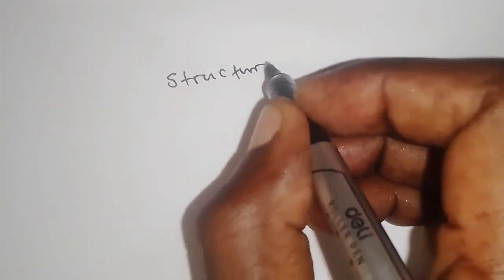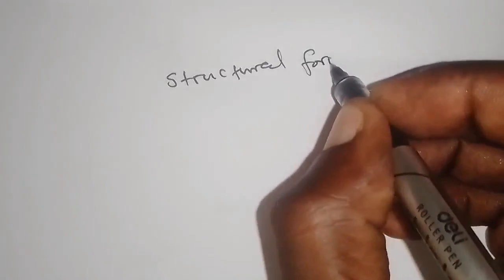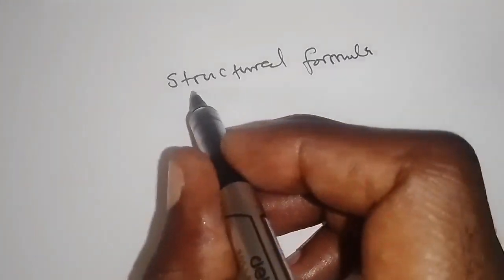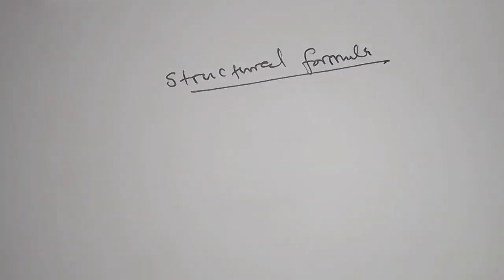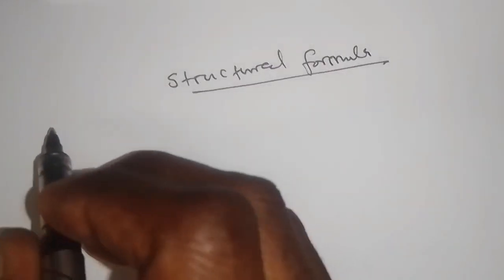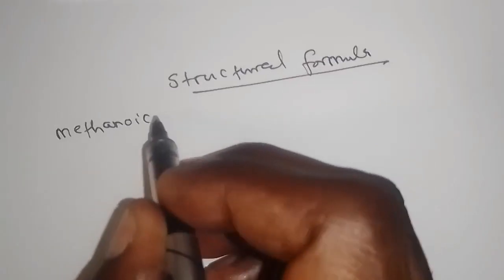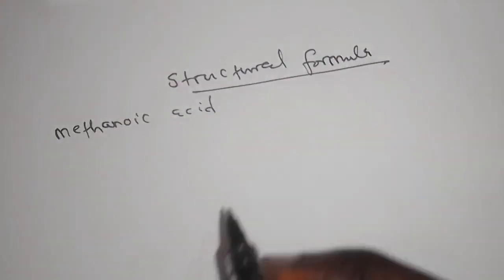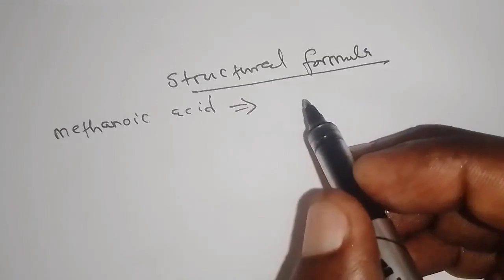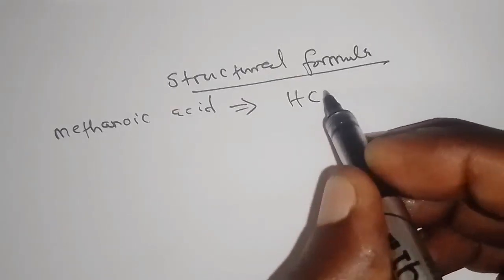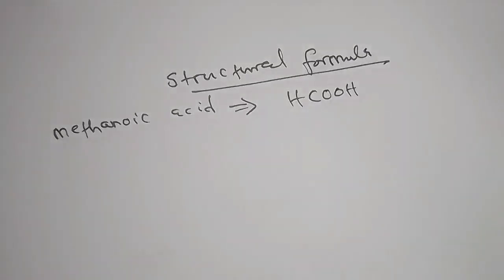So let's look at the structural formula. When you're looking at the structural formula, we are looking at the same thing that I have for methanoic acid, for example. Methanoic acid has the molecular formula HCOOH.